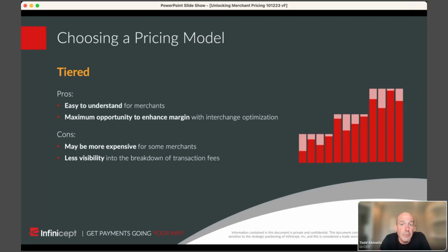They might be a debit price, a basic credit price, a rewards price, a business card price. You might have 6, 7, even 10 tiers that are a little more specific and explainable. And that's a great way to price too, and can be really transparent for merchants and easy to read on a statement.